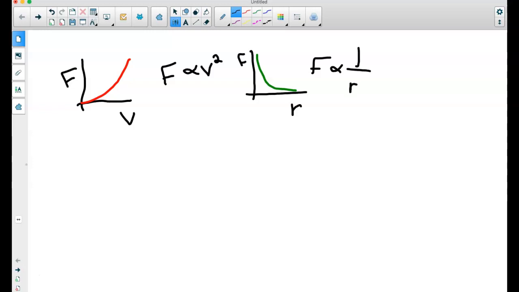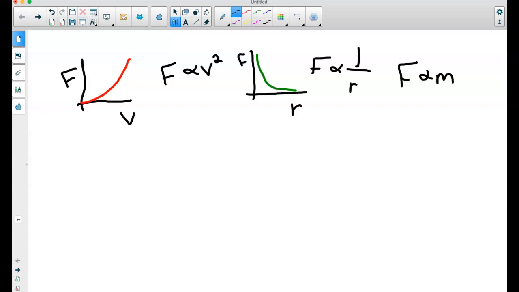Now, I didn't have anyone experiment with the mass, but I did have different people use different masses. And we saw that when the radius and the velocity were the same, a bigger mass required a bigger force, which tells us that force is related to the mass.